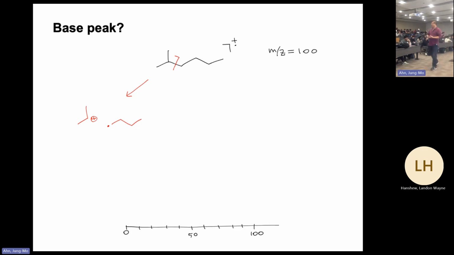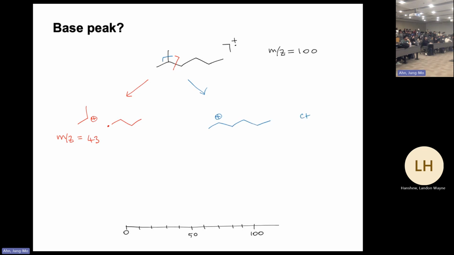Is that the only secondary carbocation you could make? No. First you figure out the molecular weight of that particular fragment, which is 43, and that's what you calculate if you add up the carbons and hydrogens. But this radical, you're not going to see it at all, because neutral species don't deflect in the magnetic field, so they don't move to the detector and are not observed.